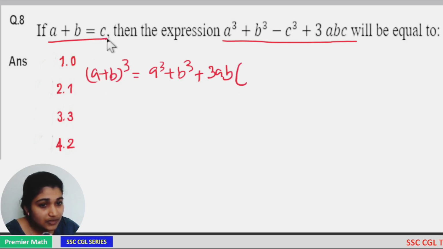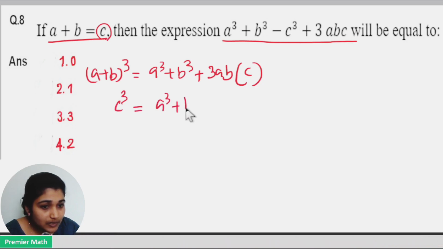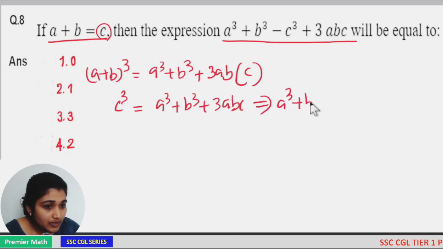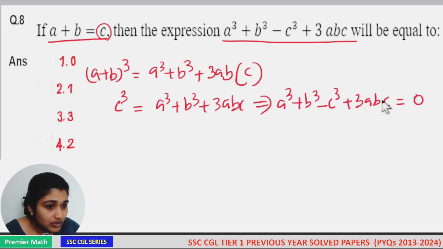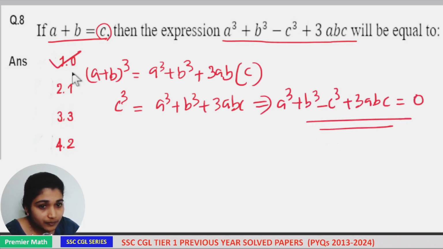Here a plus b is equal to c. And here a plus b the whole cube is given as c cube. So this is equal to a cube plus b cube plus 3abc, which means the expression a cube plus b cube minus c cube plus 3abc equals 0. So option 1 is your answer.